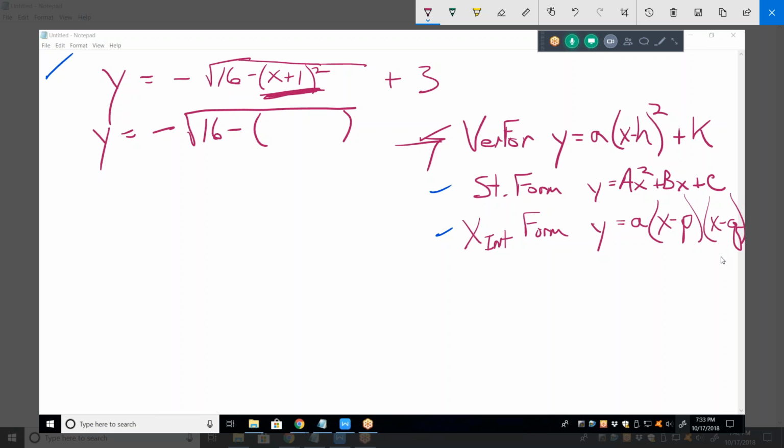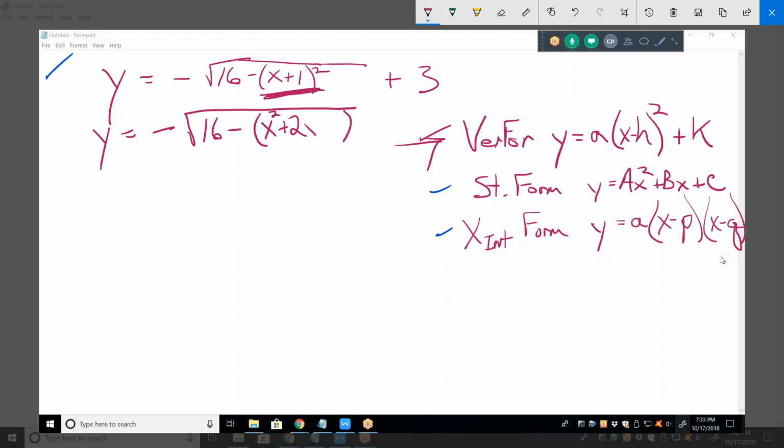But maybe if we go ahead and square that and subtract it from 16, we'll find something that is a perfect square. In which case we will be able to turn this thing into something that looks more like a standard vertex format. So you would do FOIL, right? Yeah. There are certain things you kind of want to remember.